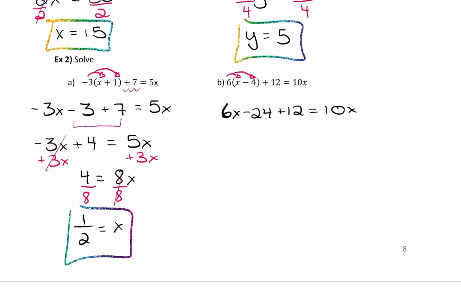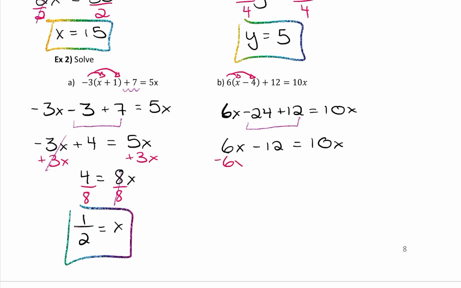Now, before I move anything over, is there anything I can simplify based on where things are? And the answer is yes. I can just make this easier by combining the constants. So 6x, negative 24 plus 12 is negative 12, equals 10x. Okay. Now I want to get the x's all to one side. Again, it's your choice which direction you want to move, but because I noticed that the 10x is by itself on the other side, I just think it's easier to go in that direction.